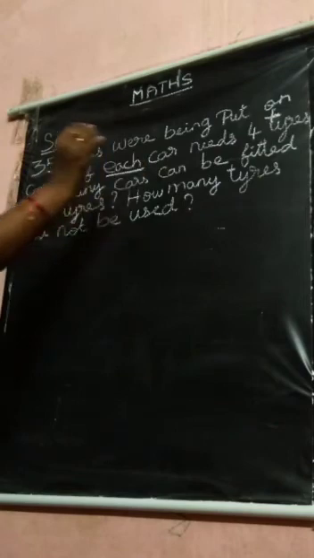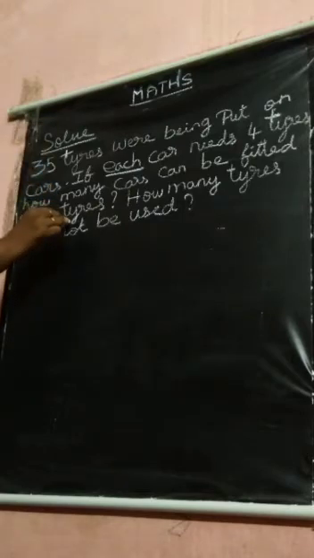Next question. 35 tires were being put on cars. If each car needs 4 tires, how many cars can be fitted with tires?